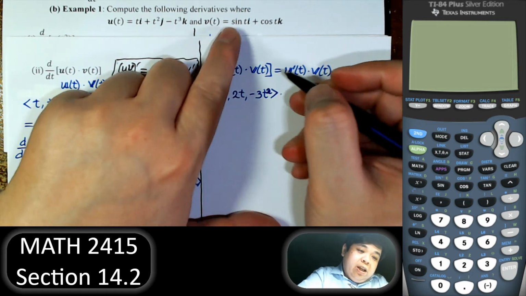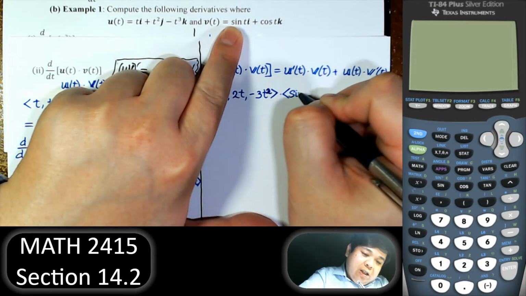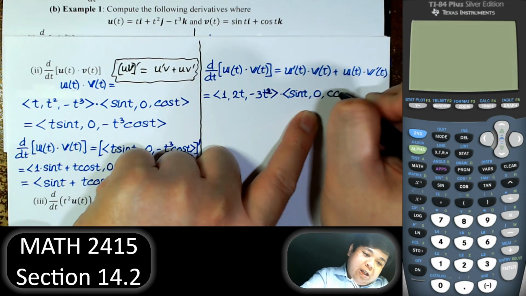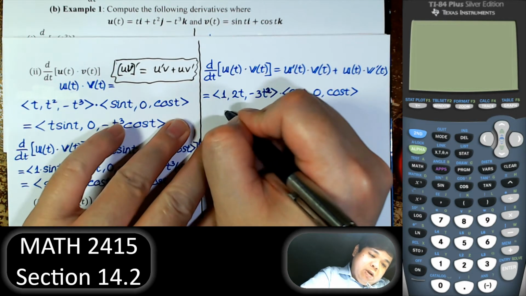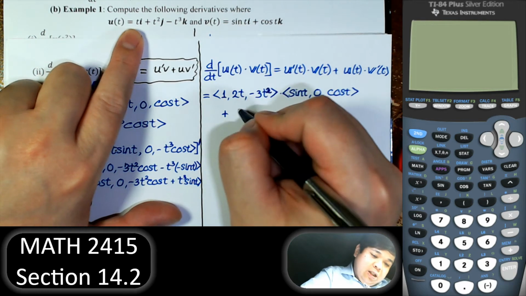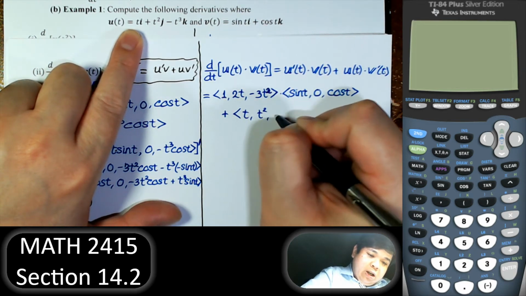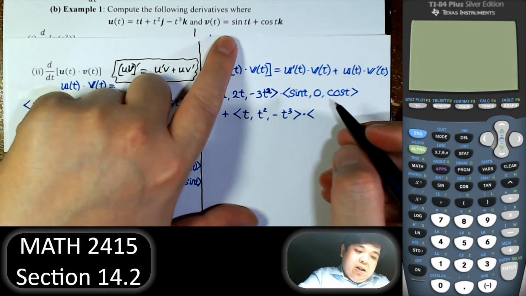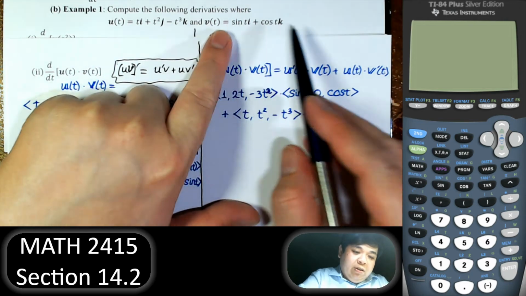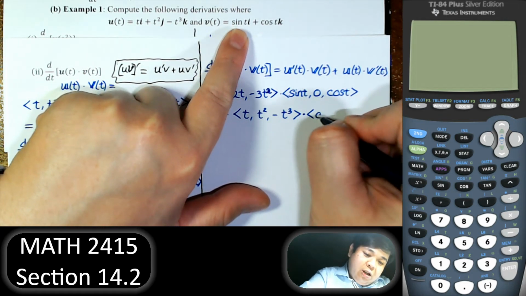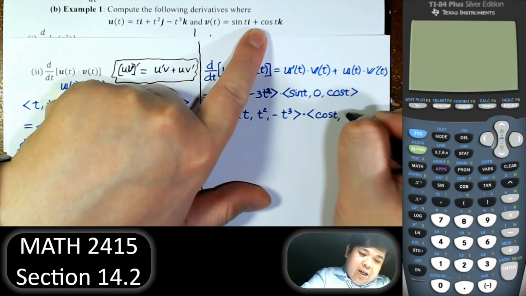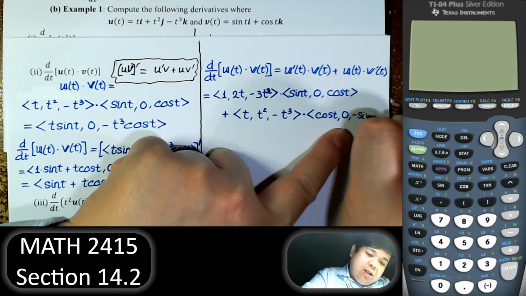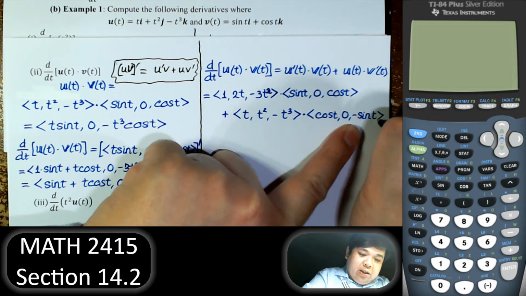And then the dot product with v in components would be sine t, 0 for the second component, and cosine of t for the third, and then plus u of t, t squared, negative t cubed, and then the derivative of this: the derivative of sine t is cosine of t, the derivative of the second component is 0, the derivative of cosine t is negative sine t for k.